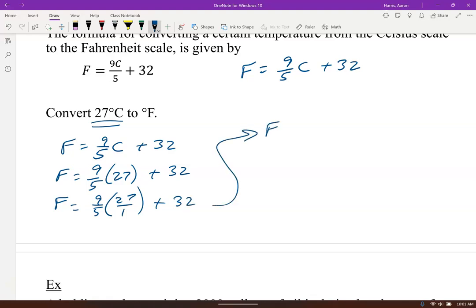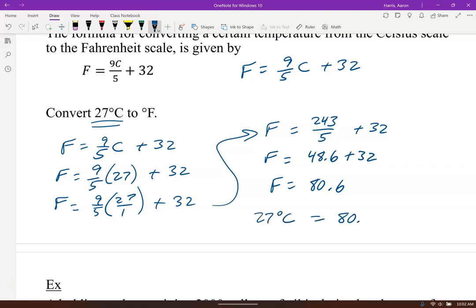So we got 9 times 27, let's see, what is that, 243, divided by 5 times 1 is 5. And then we got 243 divided by 5. Let me punch that in. 48.6, plus the 32, and we got 80.6. So 27 degrees Celsius is 80.6 degrees Fahrenheit.